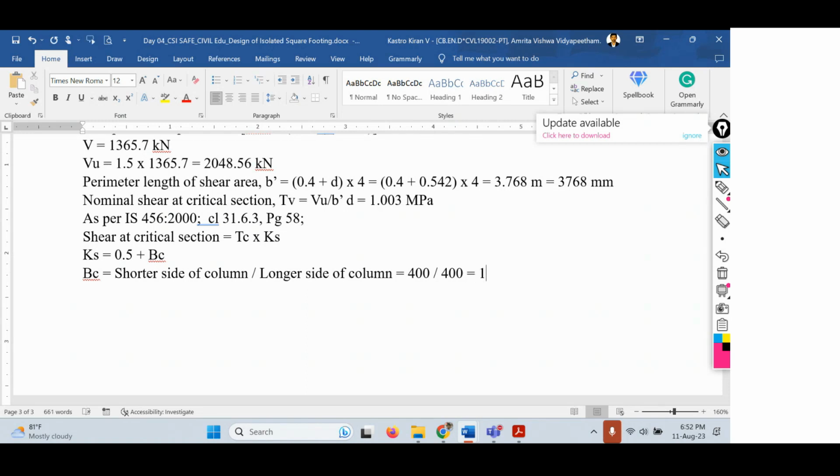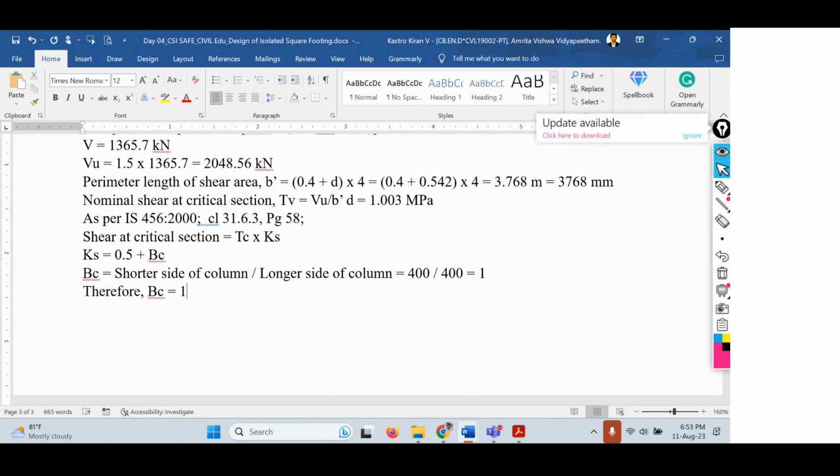So if beta C value is greater than 1, you have to take directly 1. If it is less than or equal to 1, then you have to take that particular value. This we have seen in the last session. So beta C equals 1. If it is greater than 1, you reduce it to 1 only. Don't go with anything else.